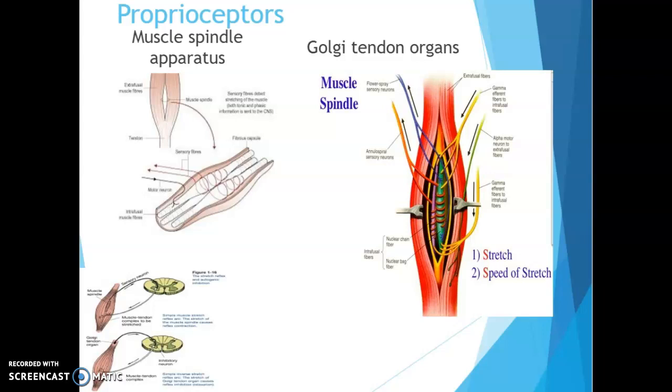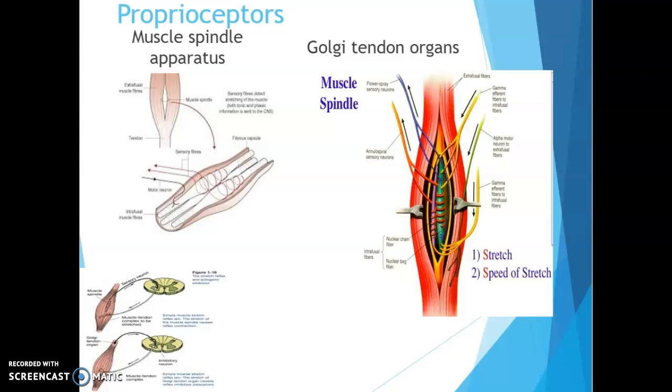Gamma motor neurons, which are seen on the diagram, or in every labelled neuron area, control muscle contractions in response to external forces acting on the muscle.